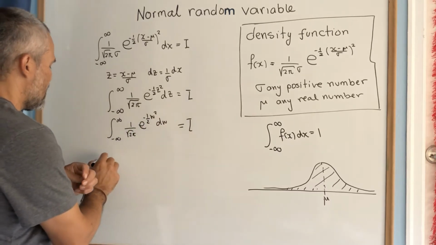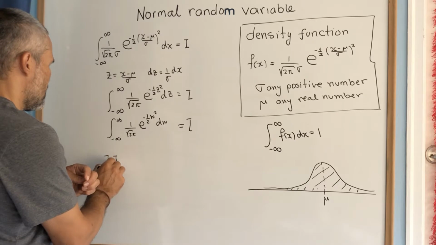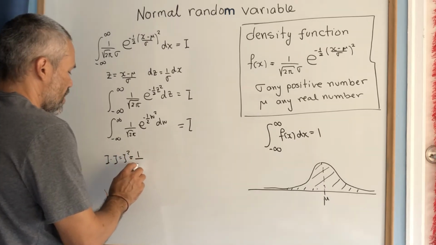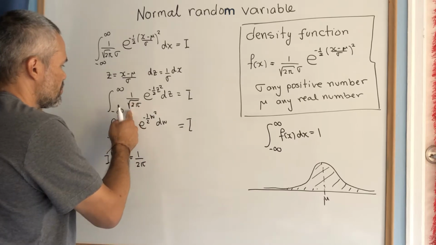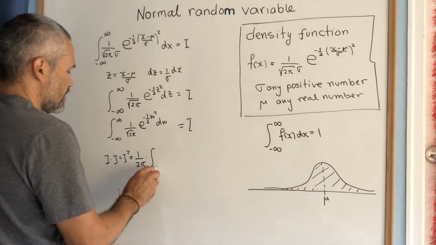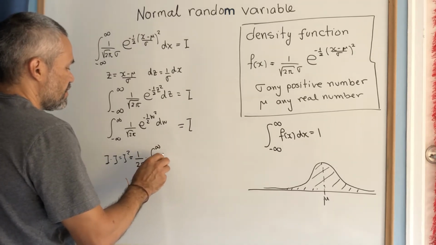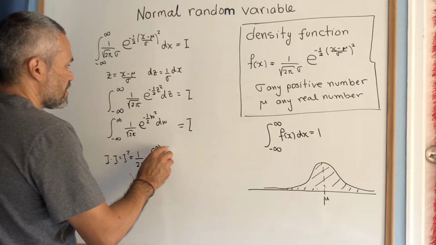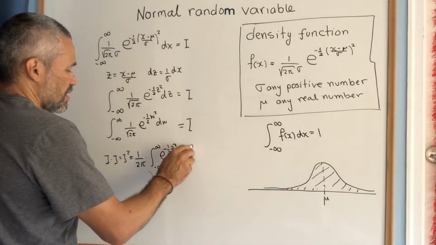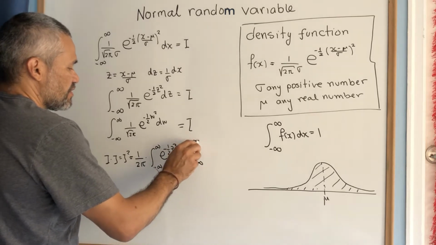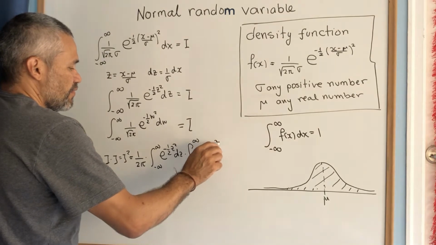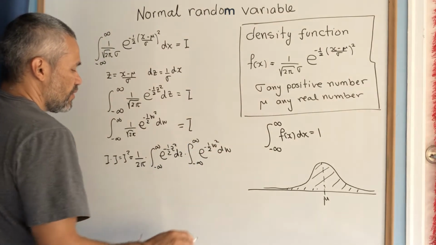Then if we multiply I times I, which is I squared, this is just 1 over 2 pi. These two constants come out, and when you multiply you get 1 over 2 pi, times the integral from negative infinity to infinity of e to the negative 1/2 c squared dc, times the integral from negative infinity to infinity of e to the negative 1/2 w squared dw.